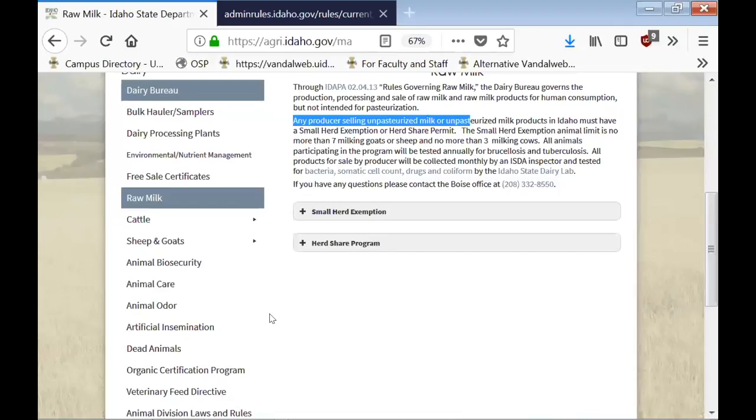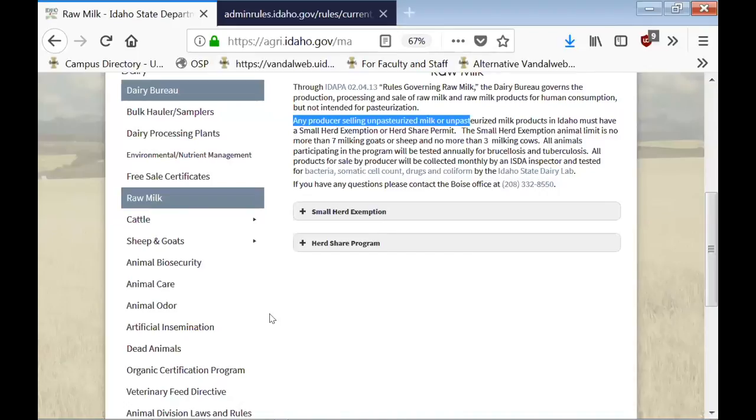You're not limited to 3 cows on your farm. You're limited to 3 lactating cows, and I'll use cows instead of goats. Don't mean to ignore the goat people, but I'll just do it this way for efficiency. 3 lactating cows for sale, for human consumption.